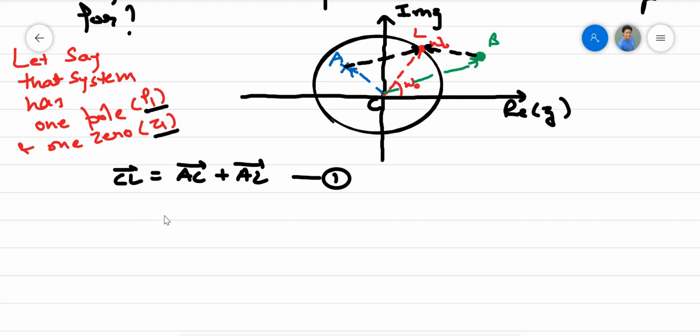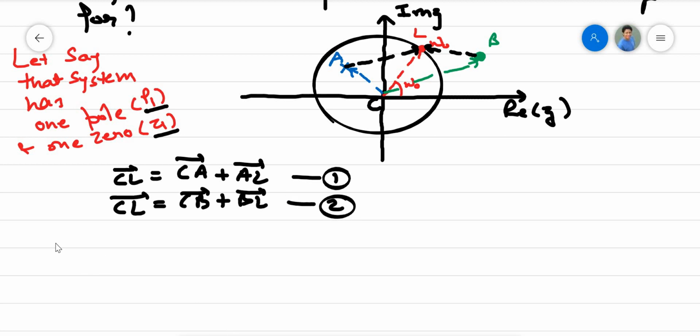This is our first equation. Then also CL vector is equal to CB plus BL. Actually, it should not be AC, it should be CA, and this will be CB vector plus BL vector. This is equation number 2.